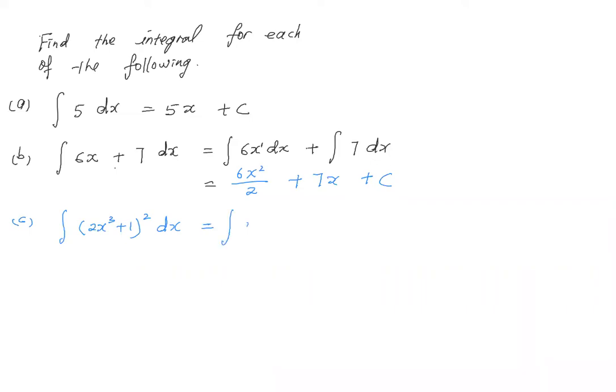So I have the front squared, plus 2 times the front times the back, then the back squared, dx. Are you clear? You have to expand.